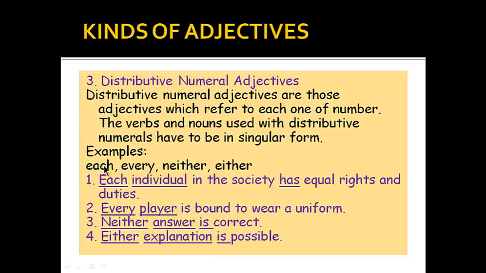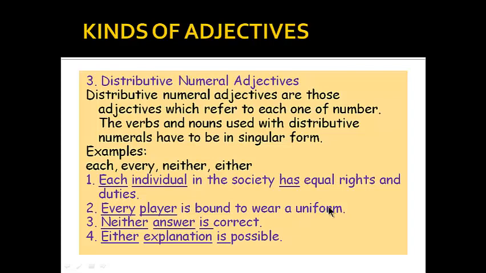Look at these examples: each, every, neither, either. Each individual in the society has equal rights and duties. This each is known as distributive numeral. Individual is a noun, and here we have singular form of the verb.